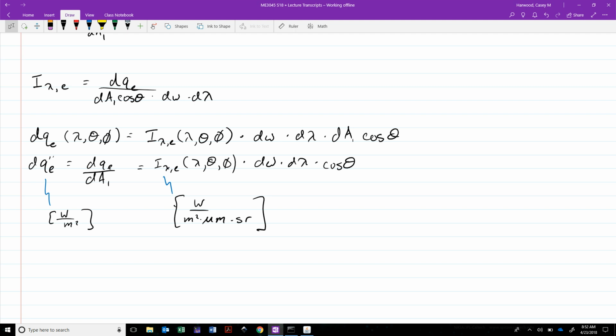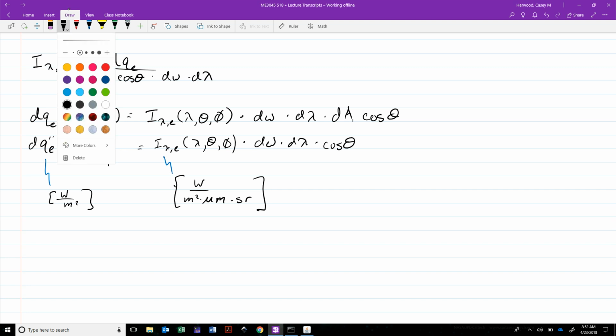So the takeaway is that emitted power is radiated away with an intensity that varies both with the wavelength and with the direction of the radiation.